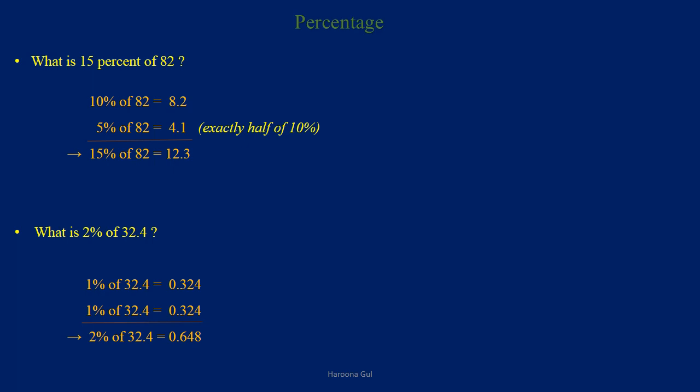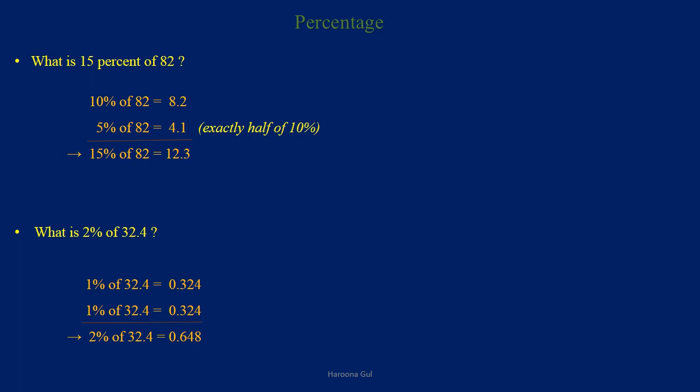And if we halve this value, we get 5% of 82, which is 4.1. If we add these two values up, we get 12.3 as our answer. So 15% of 82 is 12.3.